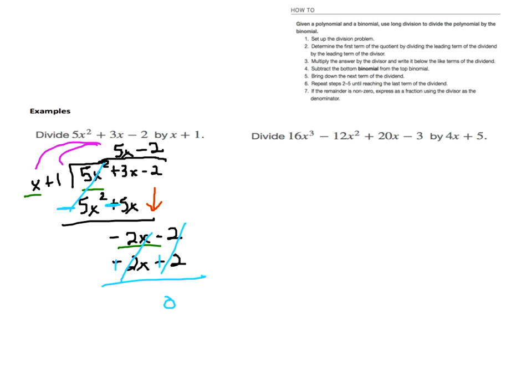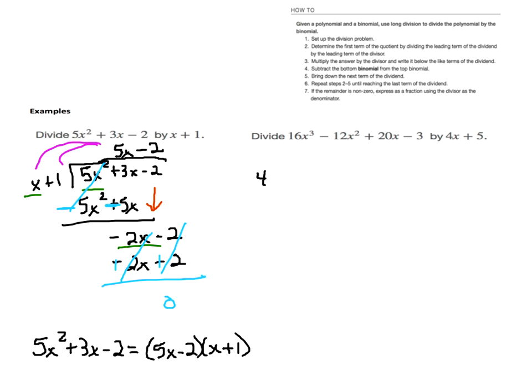What this means is that the factored form of 5x squared plus 3x minus 2 is equal to 5x minus 2 times x plus 1. Those are factors of that polynomial because I had no remainder.